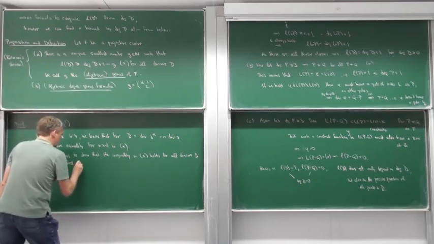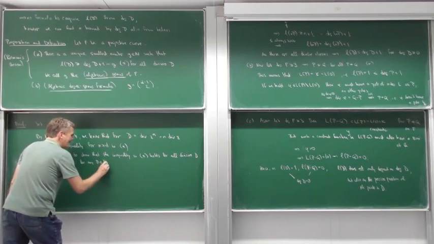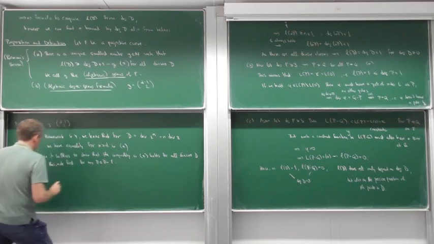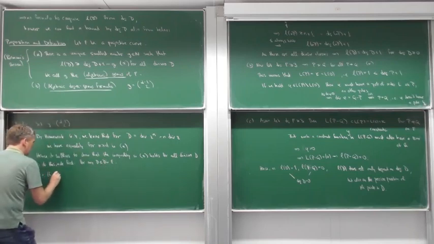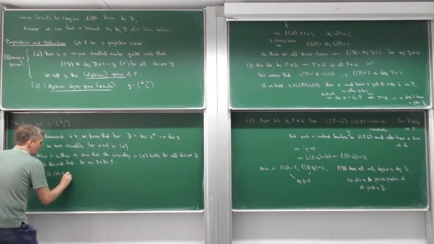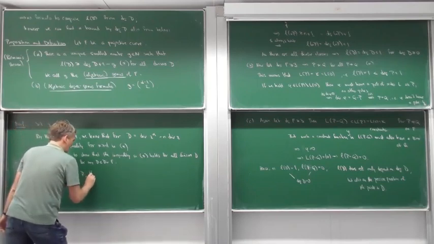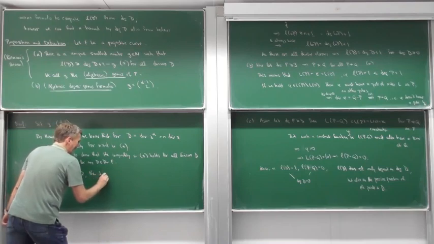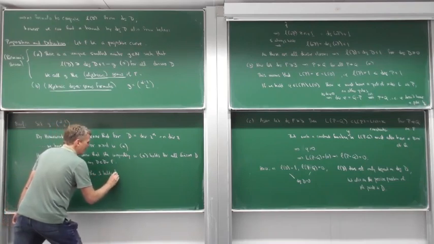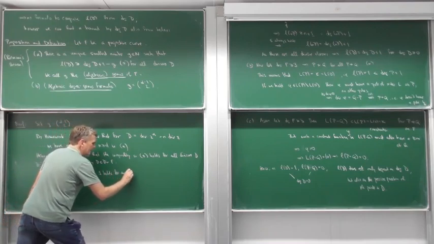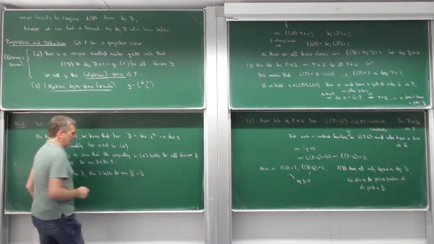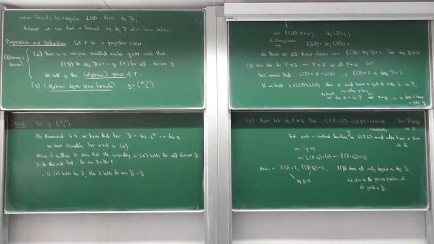So for any divisor D, if the inequality (*) holds for D, then it holds for any D prime which is linearly equivalent to D, right? Because both sides don't change.